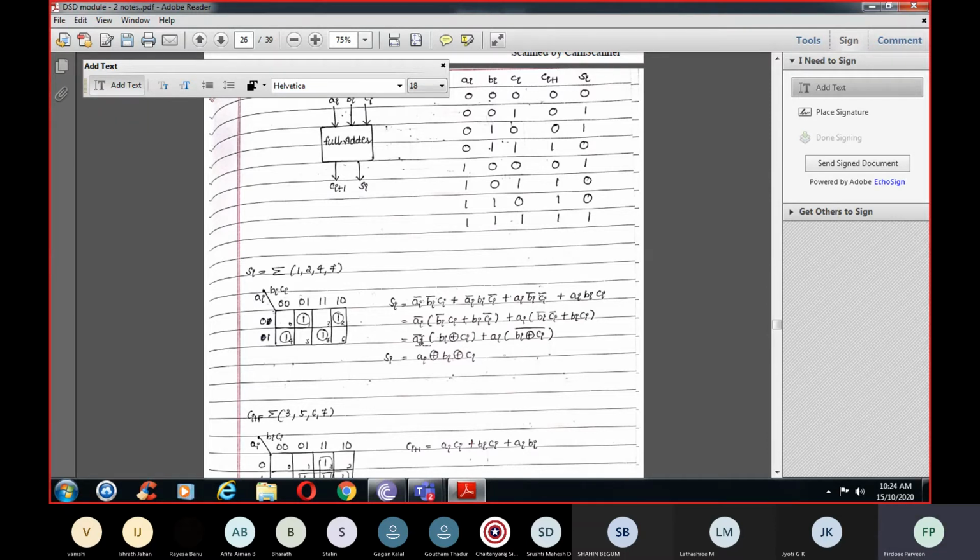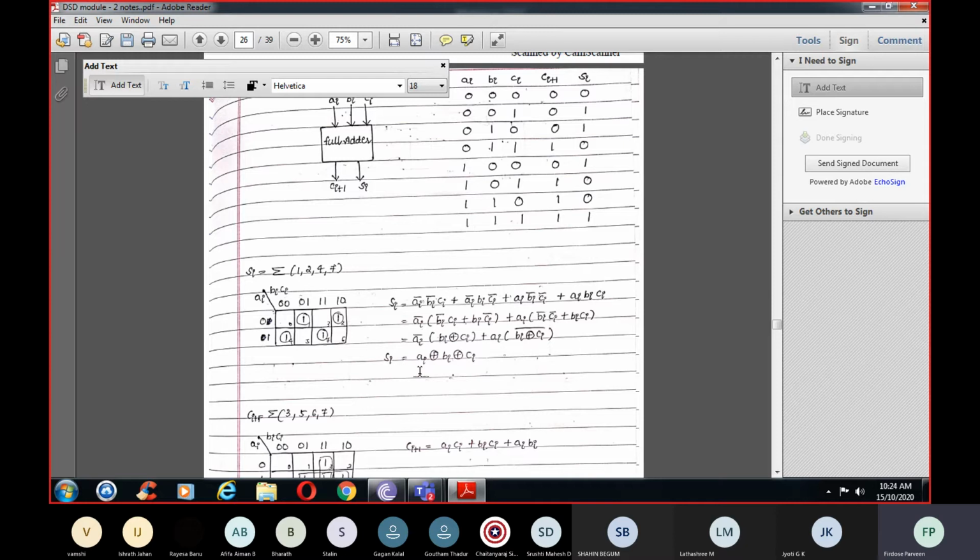Okay. So now it is the same thing. You can see this is A_i bar, B_i XOR C_i plus A_i, B_i XOR C_i whole bar. That is nothing but, suppose I take this one as X, so A_i bar X plus A_i X bar, which is again the XOR operation. So you'll be getting this expression.